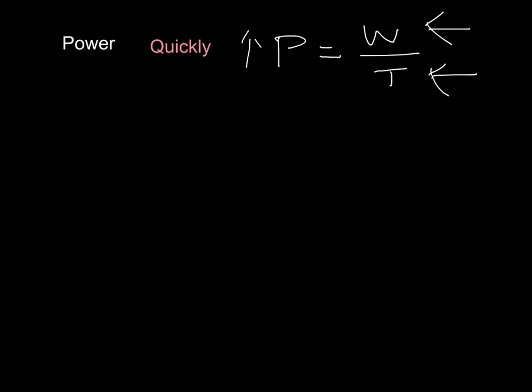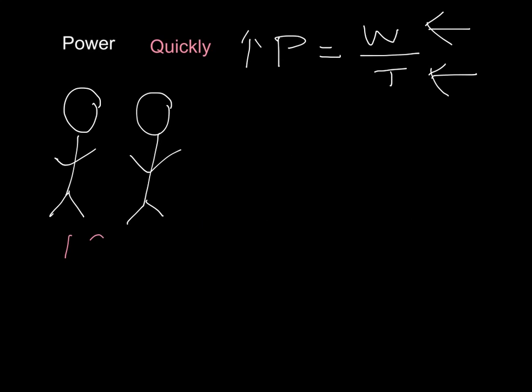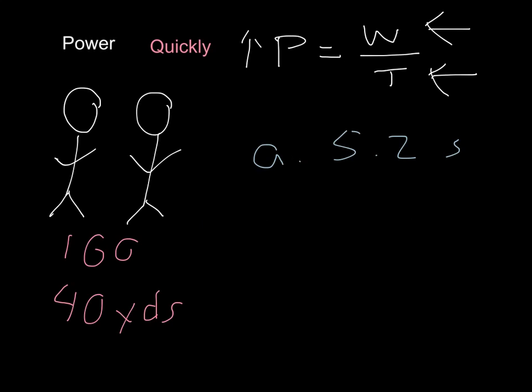So let's see a real-world example of this. For simplicity, let's use the same analogy of guys running in a foot race, except now they both weigh 160 pounds, and they're both running 40 yards. Let's say that person A runs it in 5.2 seconds, and person B runs the 40-yard dash in 4.5 seconds.